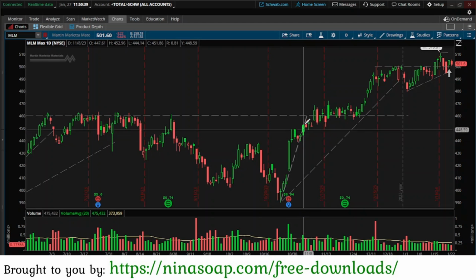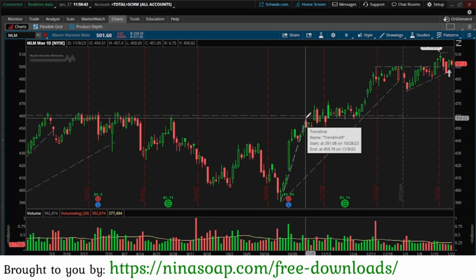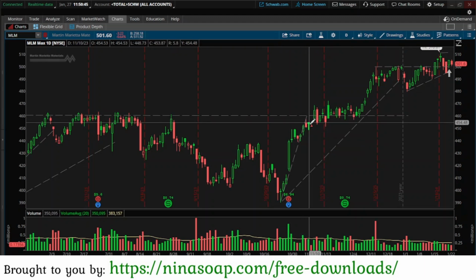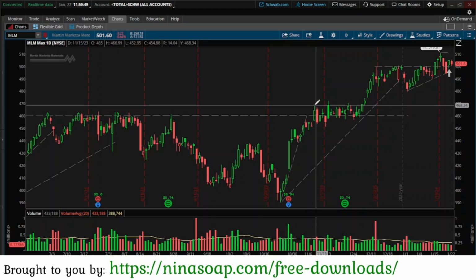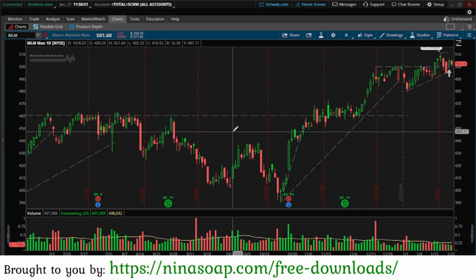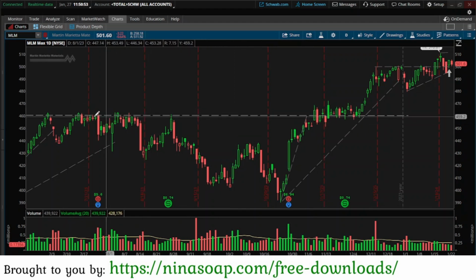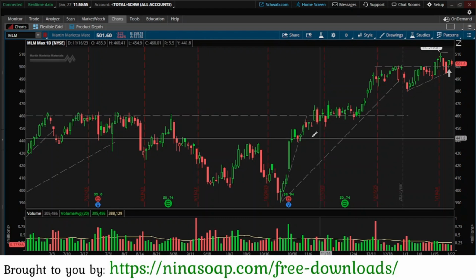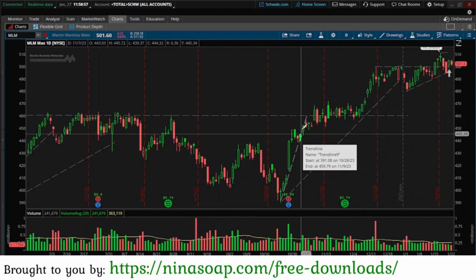So we get in, and this is a peak here. We can sell it and rebuy it, and we have another peak here. So there is a resistance line here that, when you buy, you have to keep an eye on.